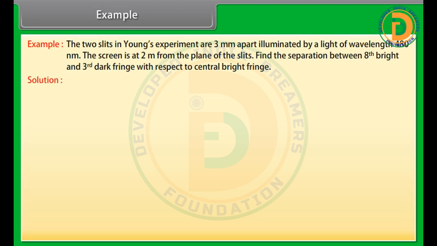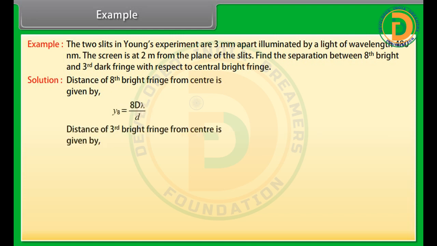Let's see the solution. The distance of the 8th bright fringe from the center is given by 8Dλ upon small d. The distance of the 3rd dark fringe from the center is given by 5Dλ upon 2d. We have y is equal to y8 minus y3.